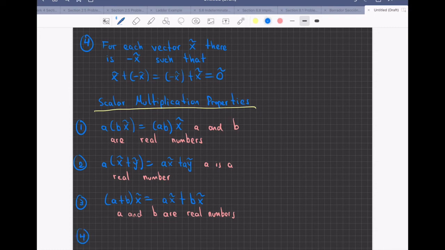And number four, if you want to multiply the real number 1 times any vector, you get the same vector.